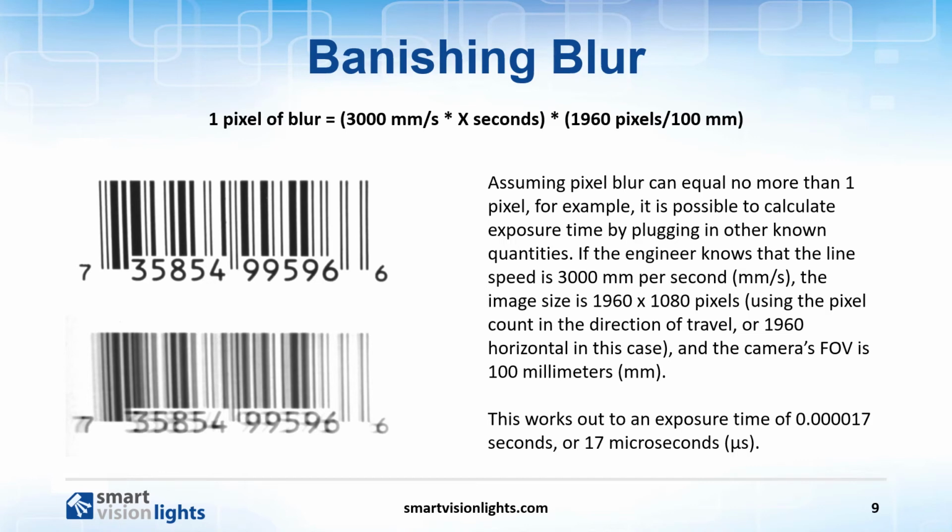Assuming that pixel blur can equal no more than 1 pixel, for example, it is possible to calculate exposure time by plugging in other known quantities. In this example, if the engineer knows the line speed is 3,000 millimeters per second, the image size is 1960 by 1080 pixels, using the pixel count in the direction of travel, or 1960 horizontal pixels in this case, and the camera's field of view is 100 millimeters, then this formula works out to an exposure time of 17 microseconds.